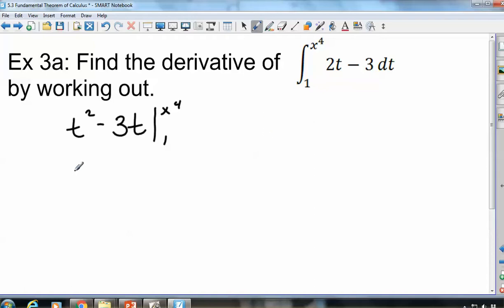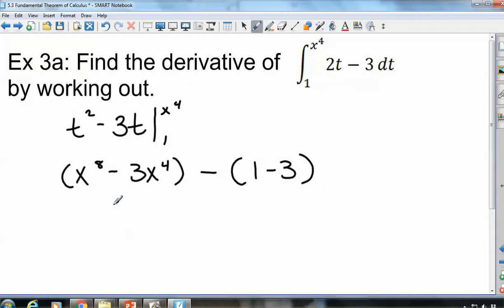Okay, if we plug that in, we get x to the 4th squared would be x to the 8th minus 3x to the 4th minus, if I put in a 1, I get 1 minus 3.